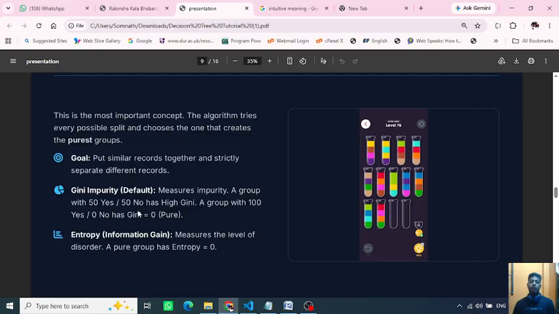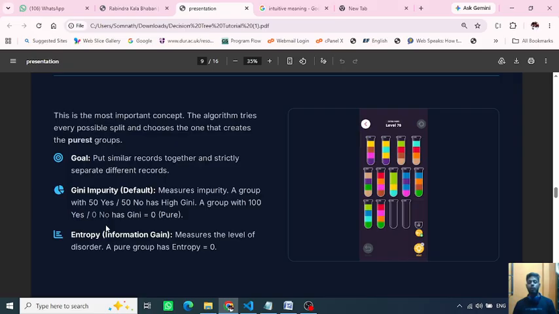As I said, the goal is to put similar records together and strictly separate the different records. In the first group, you just mixed 50 yes and 50 no. That's why Gini is high, which indicates that the data is impure. Here all the 100 records are labeled yes.